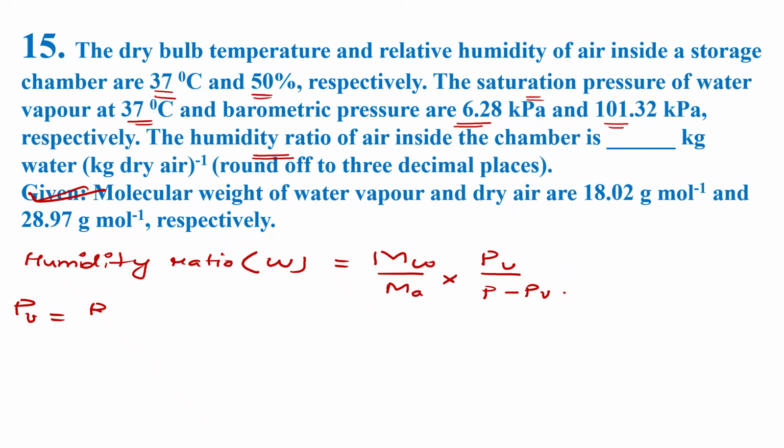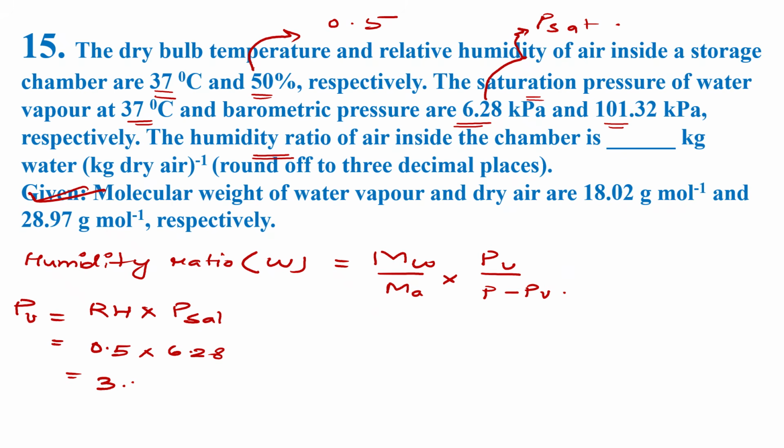Relative humidity is 50%, that is 0.5, and PSAT at 37 degrees Celsius is 6.28. So 0.5 into 6.28 is equal to 3.14 kilopascal.